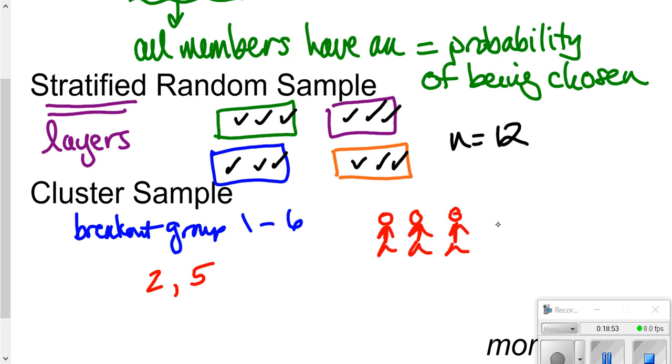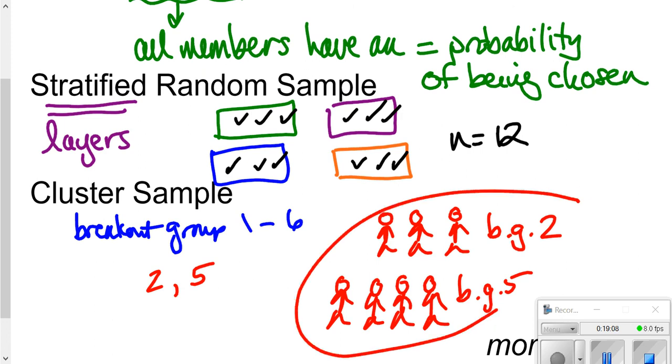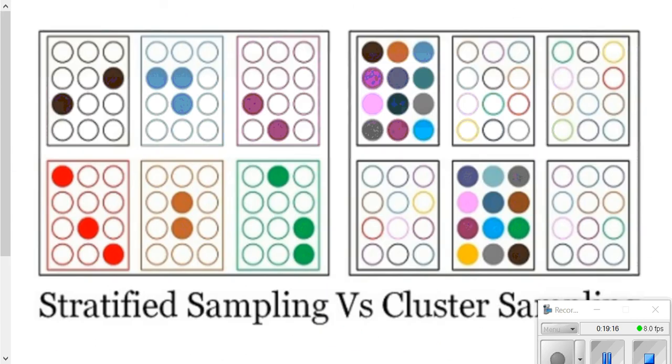This is group 2, breakout group number 2. And group 5, so a little bit bigger group, it has 4 people in it. Now, all of these people are my sample. All of the people from 2 and all of the people from 5. Okay? These two are commonly confused.